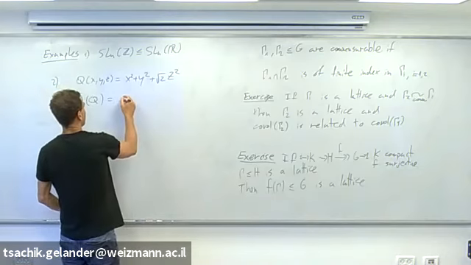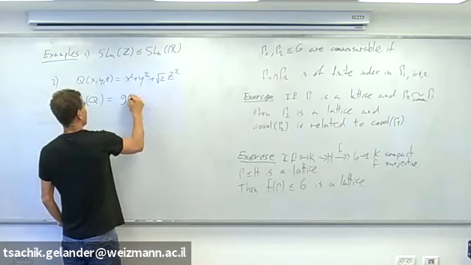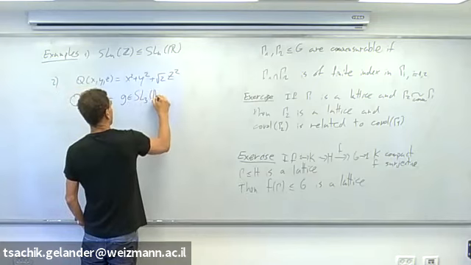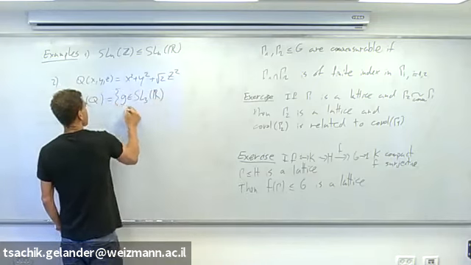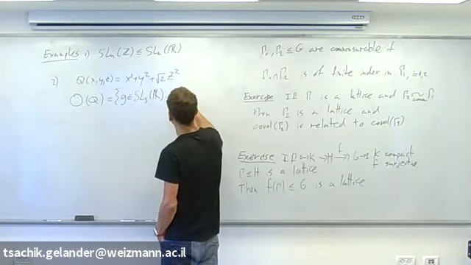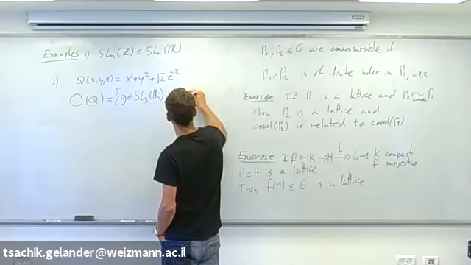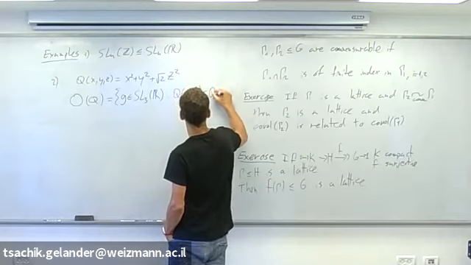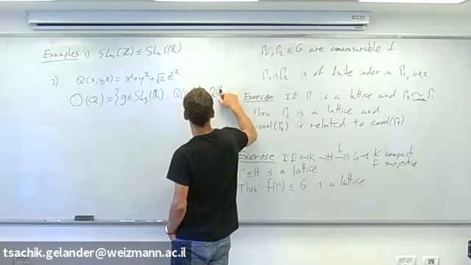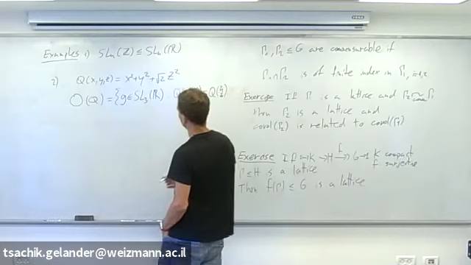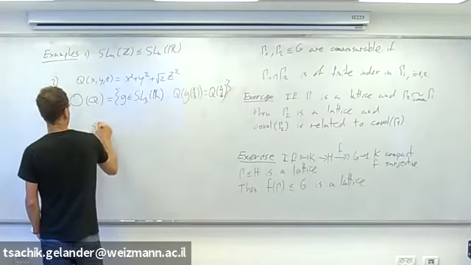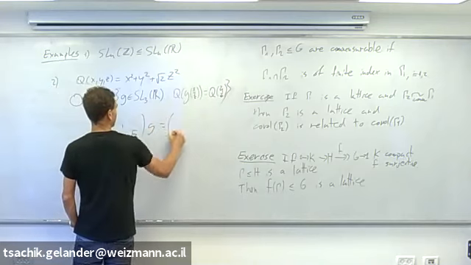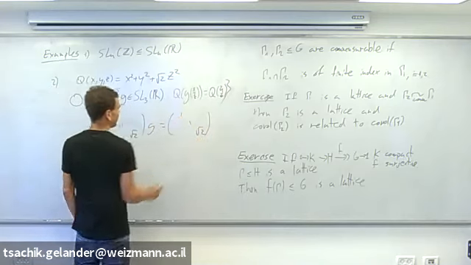So all g inside SL3(R) such that Q of g applied to the vector (x, y, z) is the same as Q of (x, y, z). Or if you want, all the matrices g such that g transpose times the matrix of the form times g preserves this form.